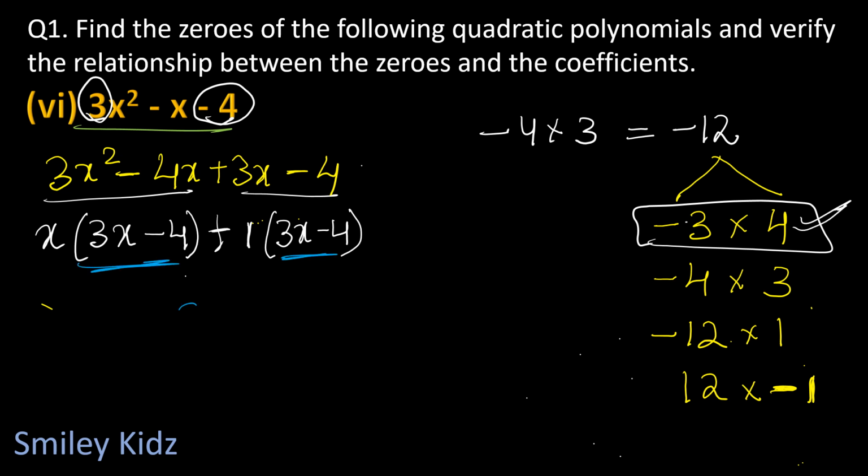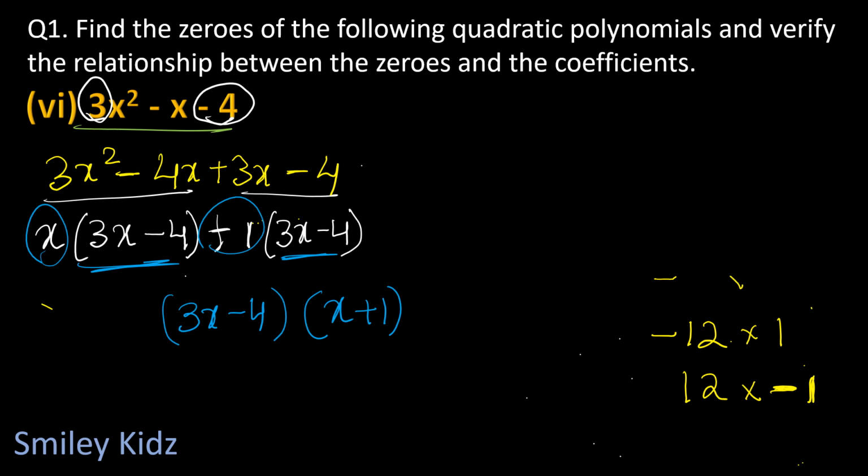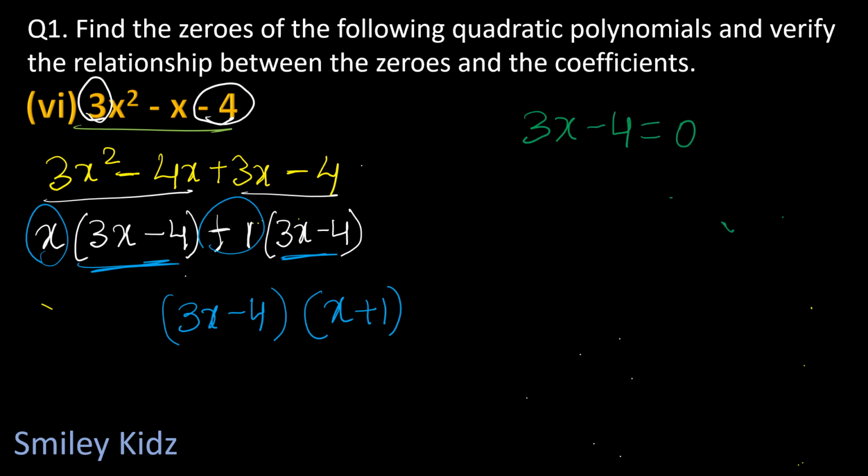So we're going to take out 3x minus 4. And then we have x plus 1. Now we're going to equate both of these expressions to 0. Then we get 3x minus 4 is equal to 0. And x will be equal to 4 upon 3.